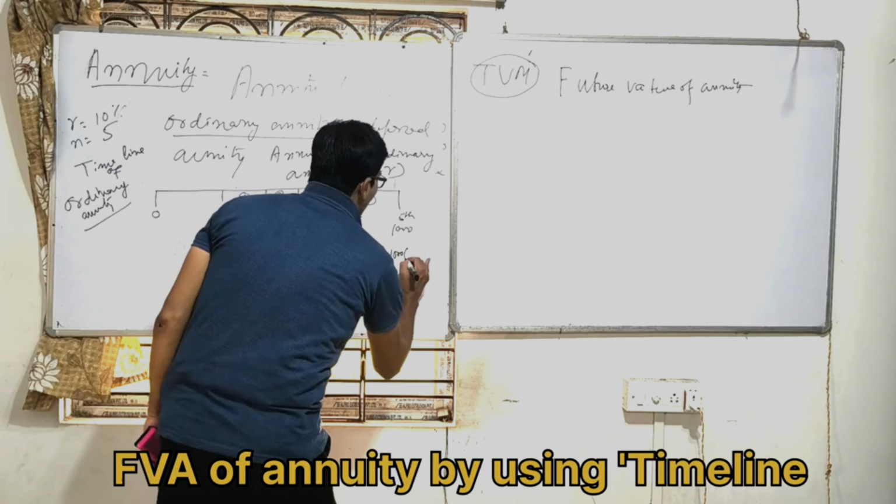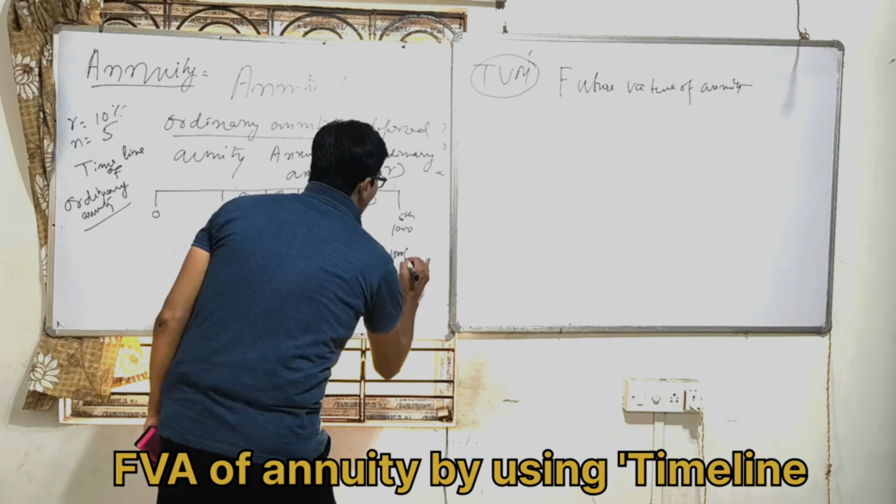If in place of 5 we put n, the generalized formula for the future value of annuity will be like that. For n times, in all places we can put a, because it is the same value a, and 5 is equal to n.